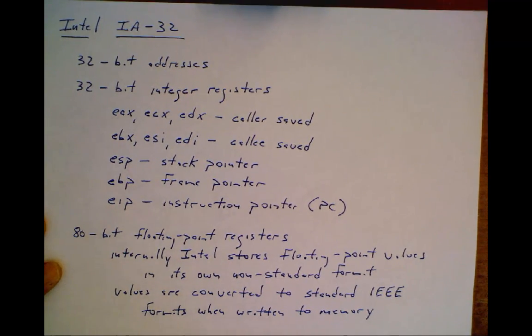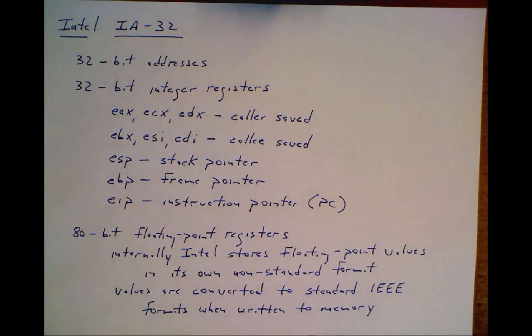So this can sometimes give you slightly different results than you might expect if you thought all the computations were being done in IEEE formats. What happens is inside the CPU, they're not in an IEEE format. So just put that in the back of your mind if you ever end up doing floating point computation on the Intel hardware.